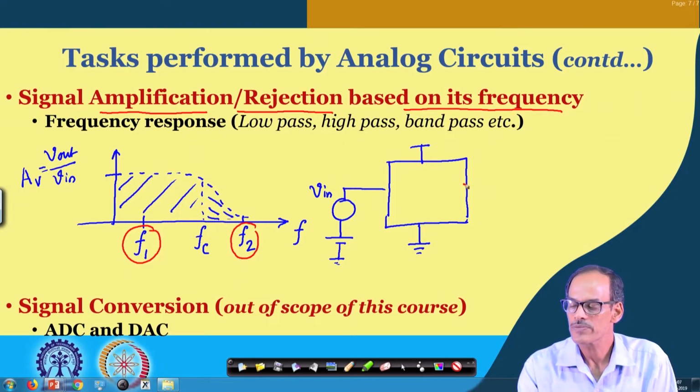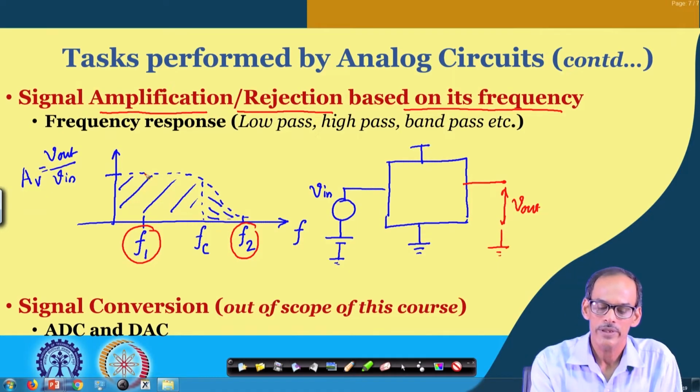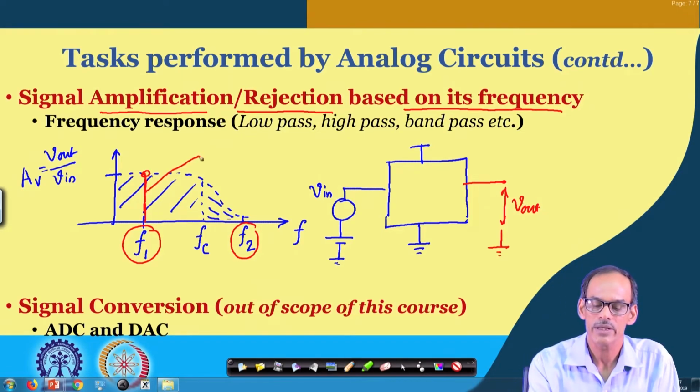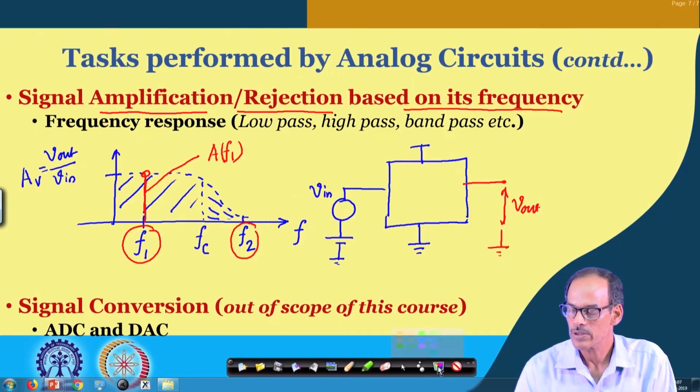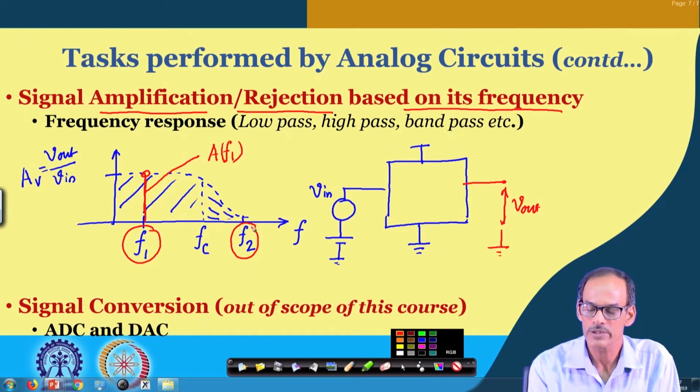Now, whenever you are observing the signal at the output with respect to ground, and you are observing the corresponding Vout, this component may be having very good gain like this. So, we may call this gain A at frequency F1. However, on the other hand, if we consider this frequency component, it is having very poor gain.